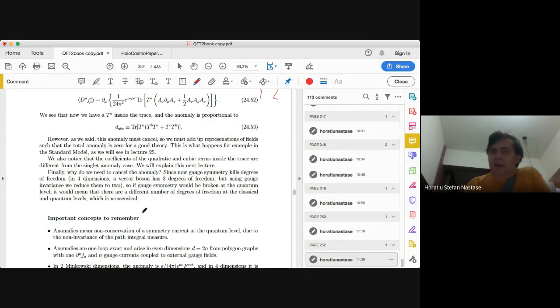So we would have different numbers of degrees of freedom in the classical theory and in the quantum theory. That's clearly nonsense. So that cannot happen. And this is why we need to cancel this gauge or local anomaly.